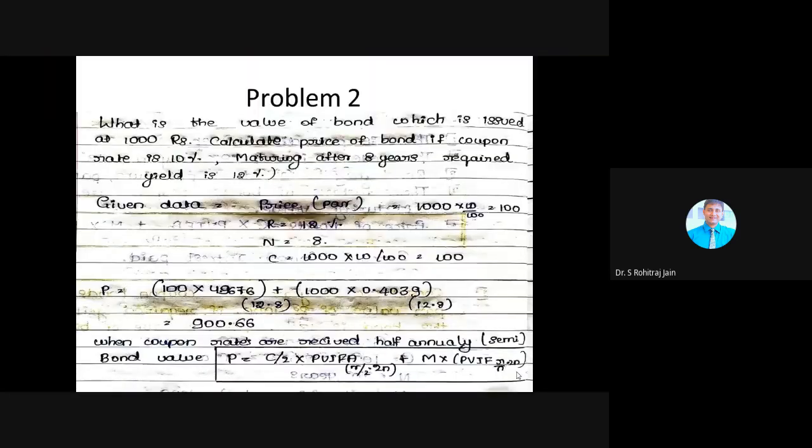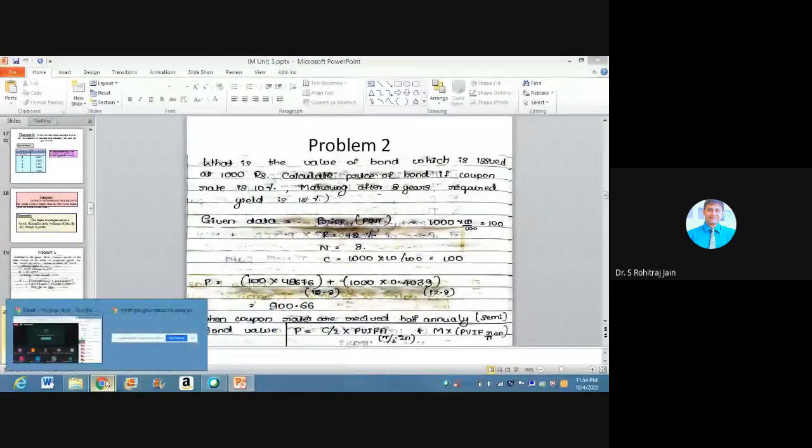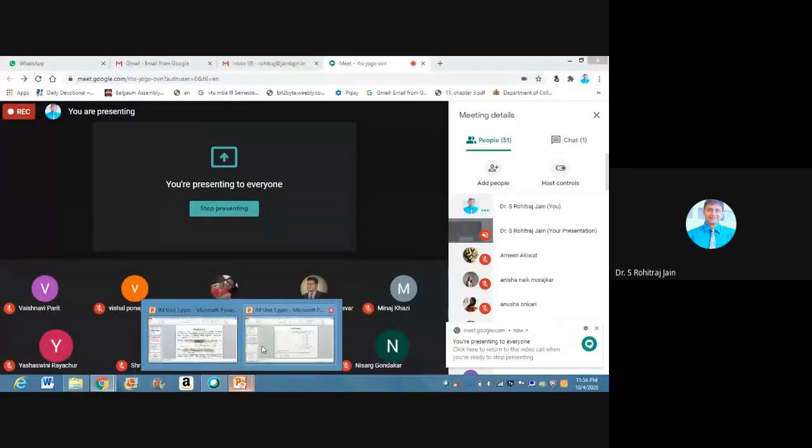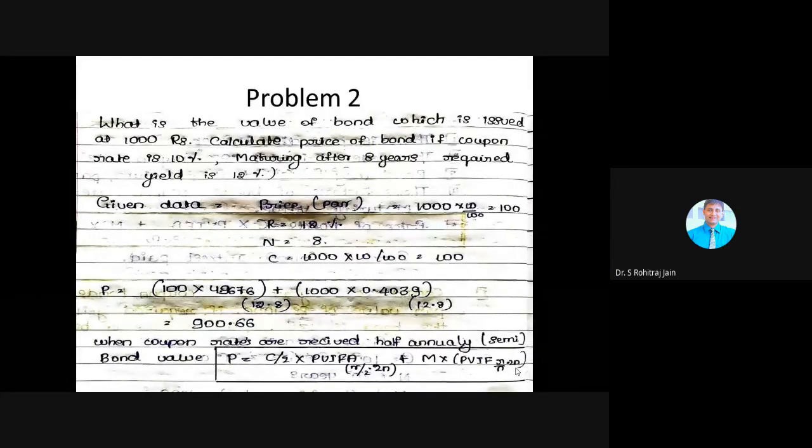Now, we were solving problem 2. So 100 multiplied by PVIFA(R, N), where R is 12 and N is 8, plus 1000 multiplied by PVIF(R, N), that is 12 and 8. 100 multiplied by 4.9676 gives 496.76, plus 1000 multiplied by 0.4039, that is 403.9.